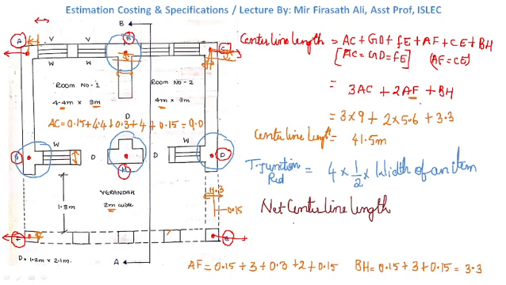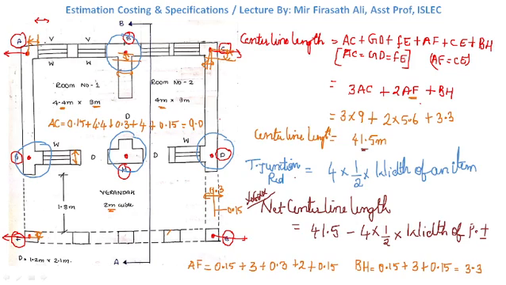The formula for net center line length is this: center line length 41.5 minus 4 into 1 by 2 into width of the particular item. So, this becomes our net center line length formula.